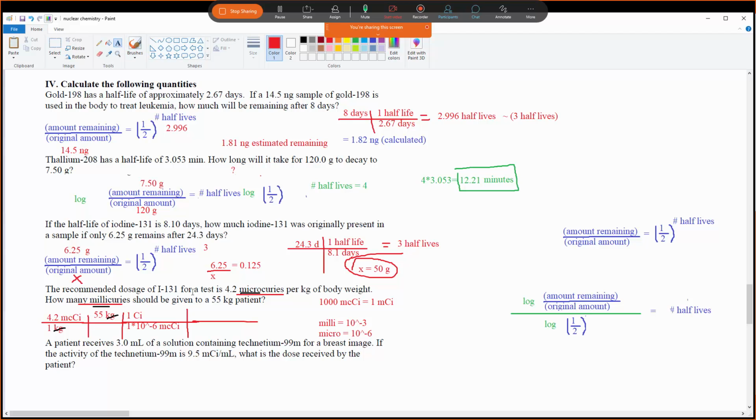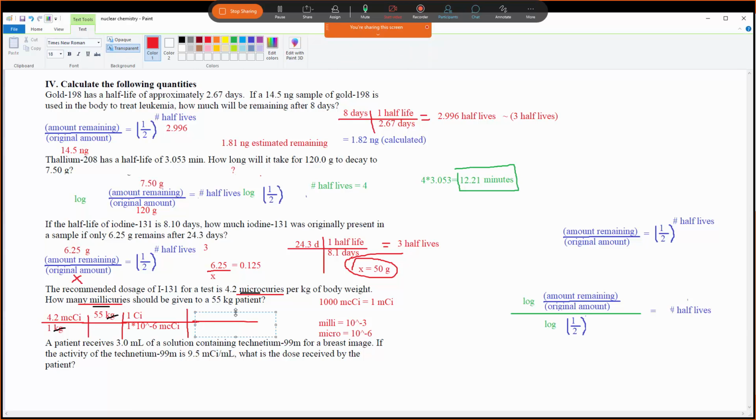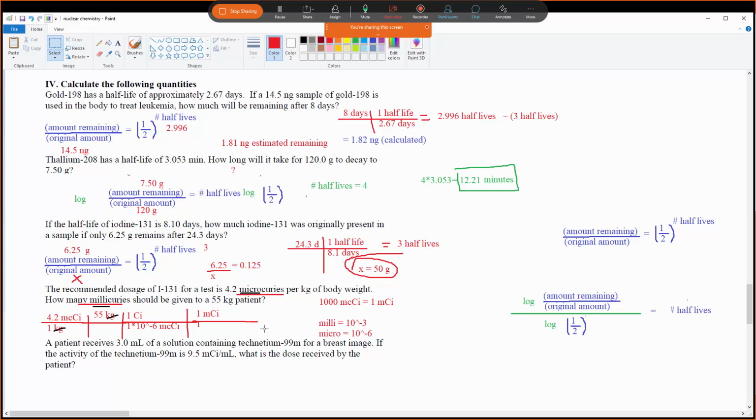And then further, I could say, okay, yes, but 1 millicurie is 1, wait. Oh boy, I'm backwards. Micro equals this. I've done micro and that together, so I'm totally wrong on that one. Hang on. Go back.